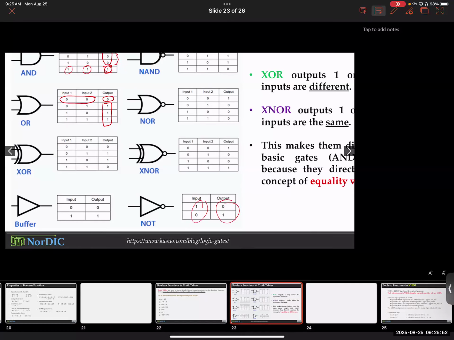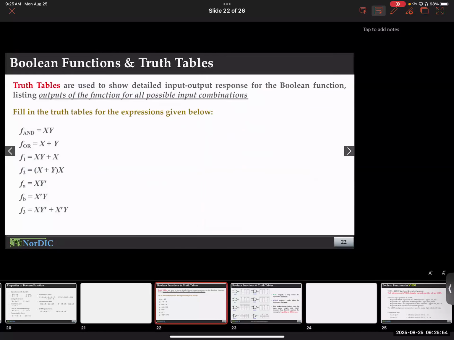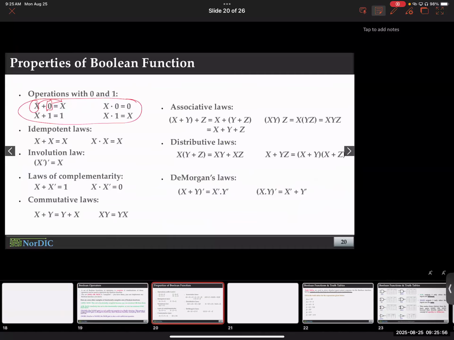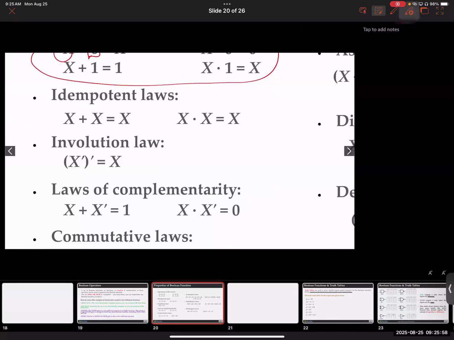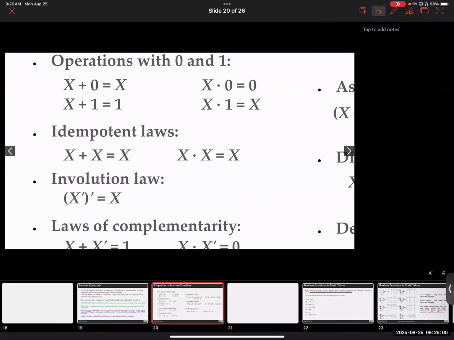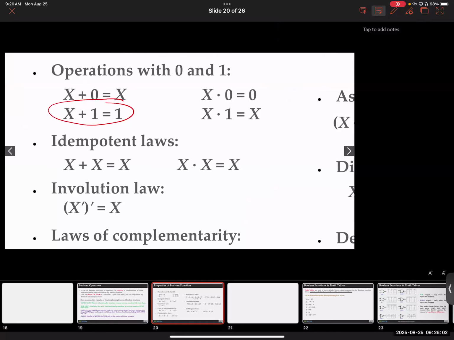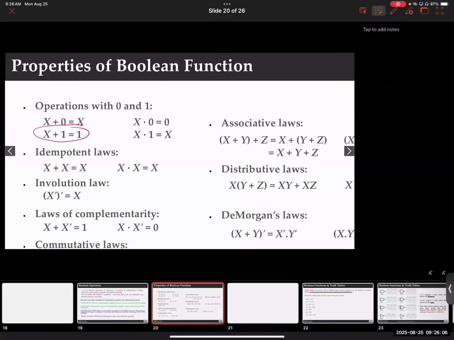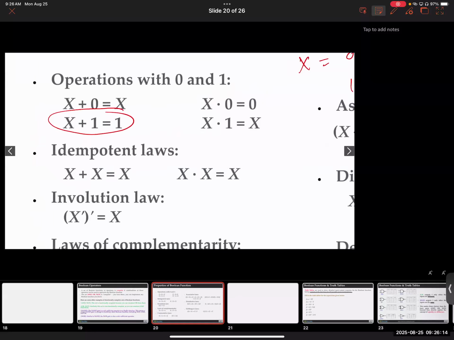All right. Now, using these super simple truth tables, we can go back and calculate any random one of these. Say, for example, let's do this without any loss of generality: X plus 1 equals 1. x could either be 0 or 1, because these are binary variables. When you put x equals 0, you have 0 plus 1.